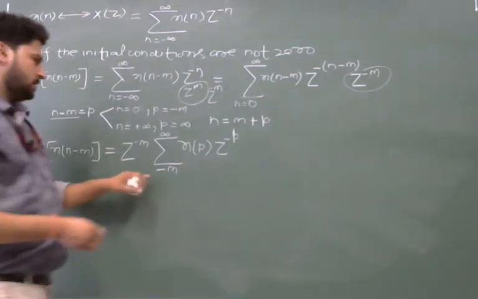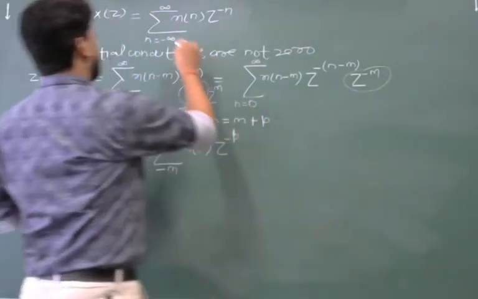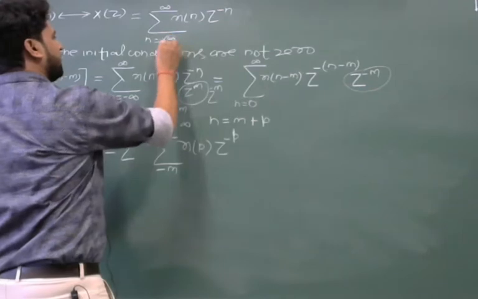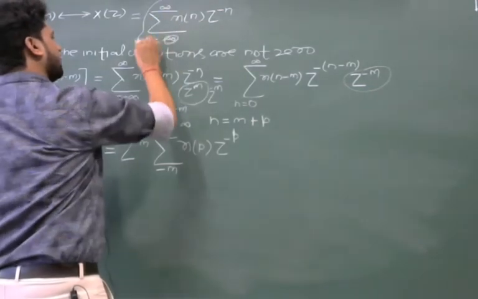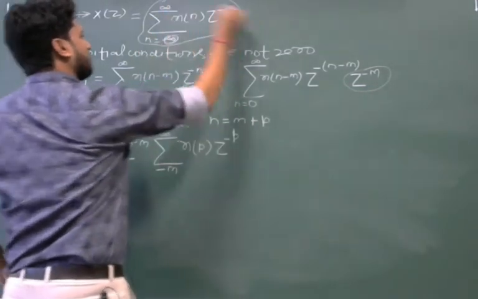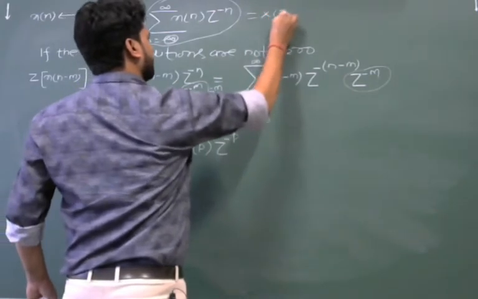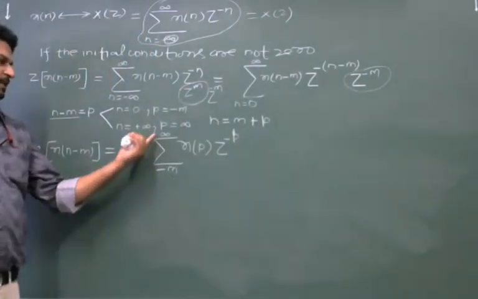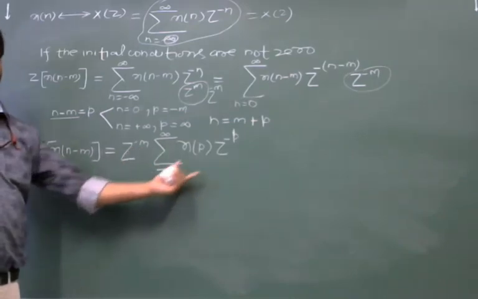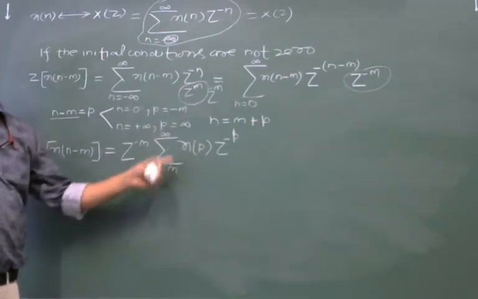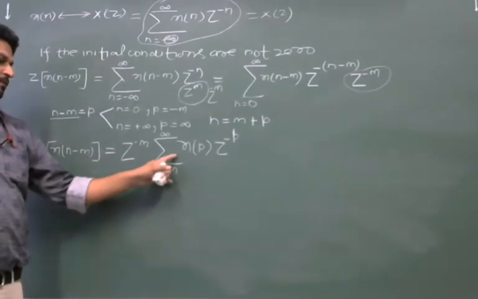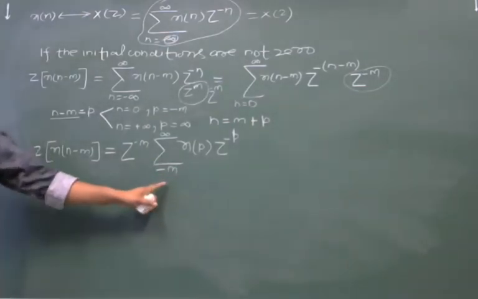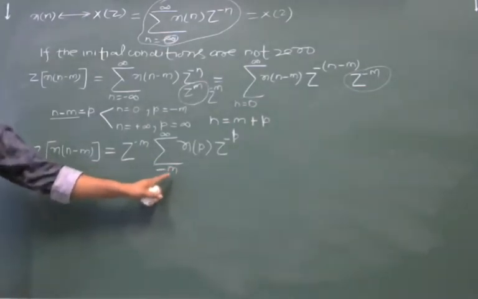If the limit here will become from 0 to infinite, this term will become equal to x of z. So to convert this in the form of x of z, we have to convert this limit into 0.